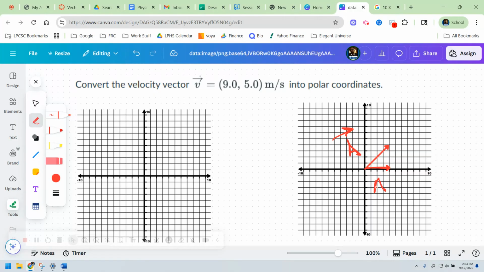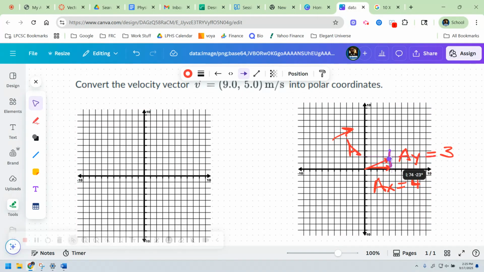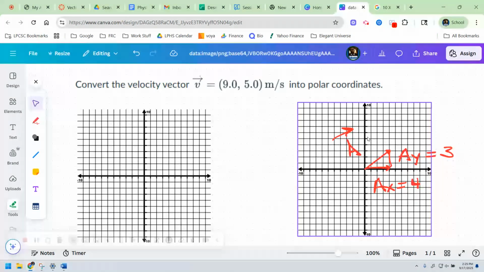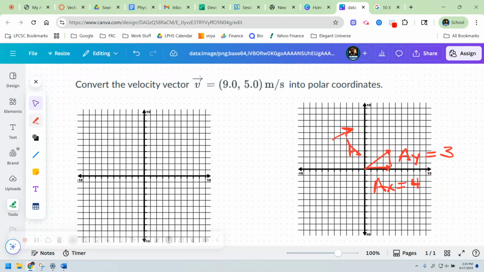So we would say that A sub x is equal to 4 units. Then A sub y, 1, 2, 3. I'm going to adjust it because I want it to be 3. And so let me just fix this little thing here. Okay. So then in this scenario, I would say that vector A is equal to 4, 3.